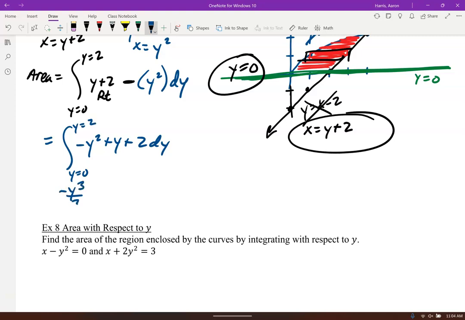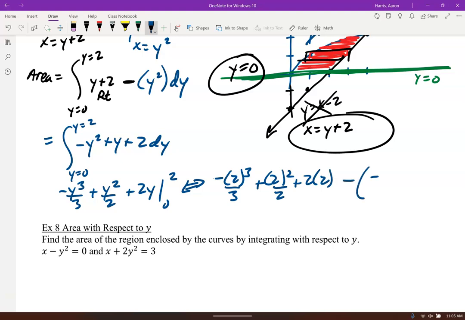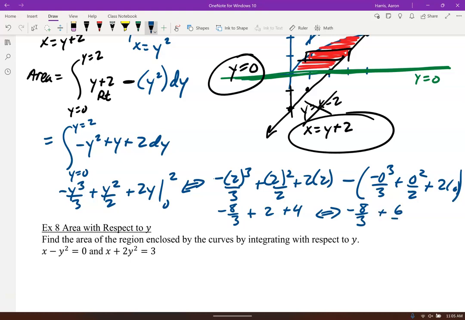Now we're going to go ahead and run it. So negative 8/3 plus 18/3. There's the old 10/3 that we had.